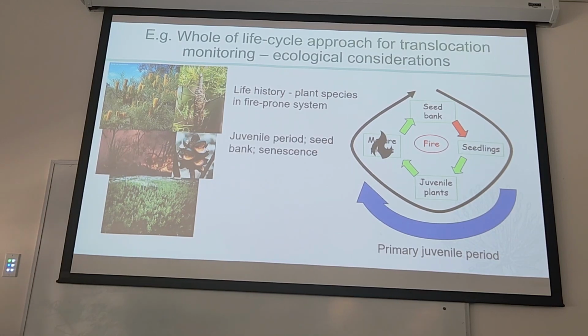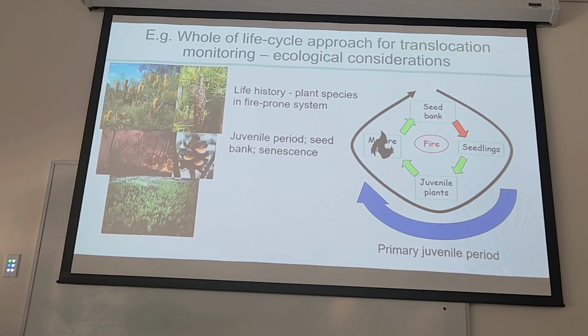You also want to be able to measure the seed bank. This is one thing I haven't seen that much in the translocation literature, and getting an idea of the abundance of a seed bank is a really key part. It's measurable. If you've got a species like this Banksia, you can just count the follicles at head height. Obviously, it's a bit trickier if it's a soil seed banking species.